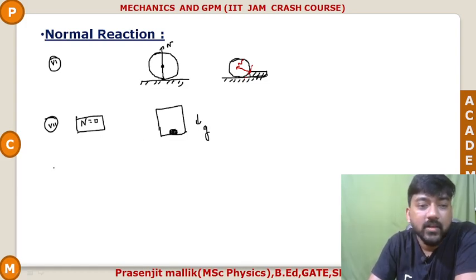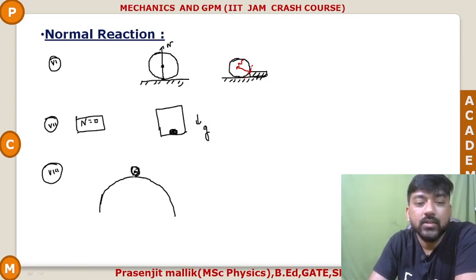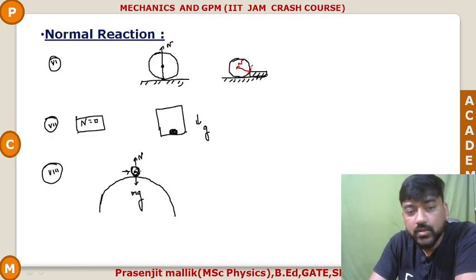Okay, similarly, suppose you have a bubble shape like path, this kind of hemispherical bubble shape path, and we have an object over here. Okay, so if there is contact, obviously two forces are there, one is N and another is mg. But if you push it, it will be rolling along the surface, and suppose it leaves its path, something like this.